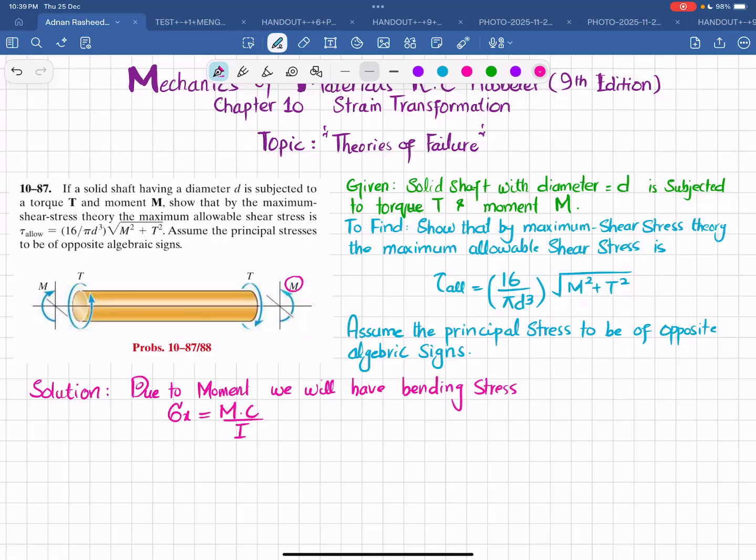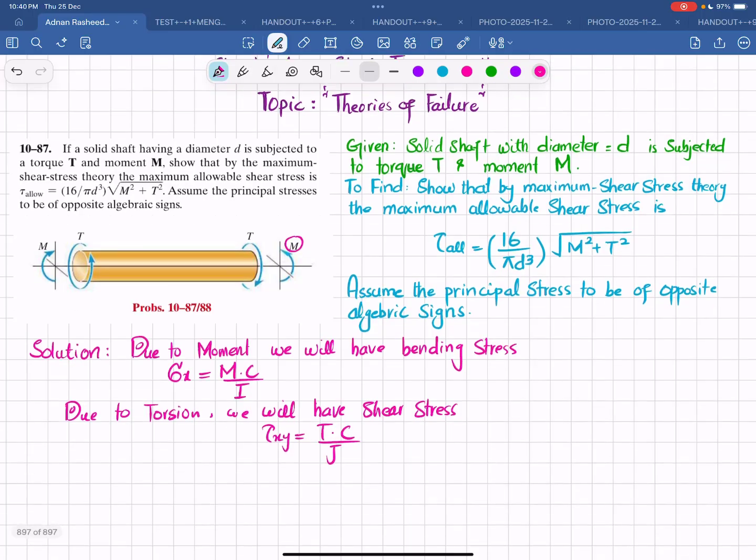And again, due to torsion, we will have shear stress, and that shear stress, tau of xy, will be equal to T times C divided by J, where C is the radius and J is the polar moment of inertia.